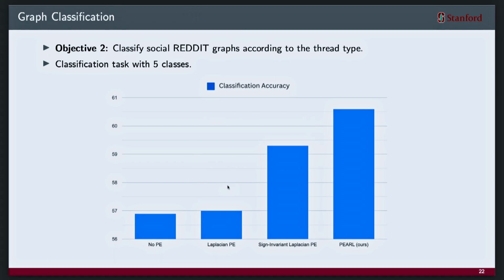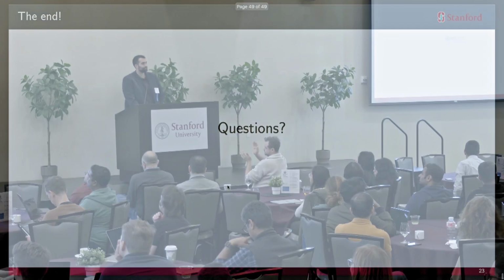And again, we have a similar picture. We have a big benefit compared to no positional encoding, and also a very interesting benefit compared to the competing alternatives. And with this slide, I will conclude my talk, and I'm ready for any questions that you might have.